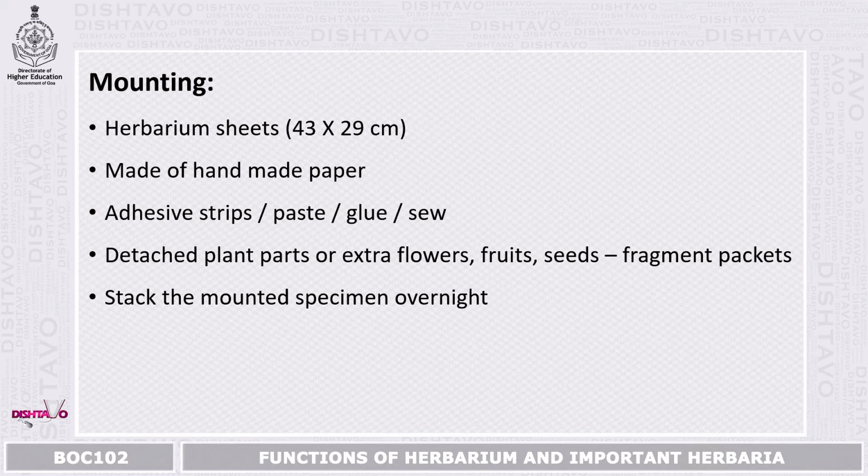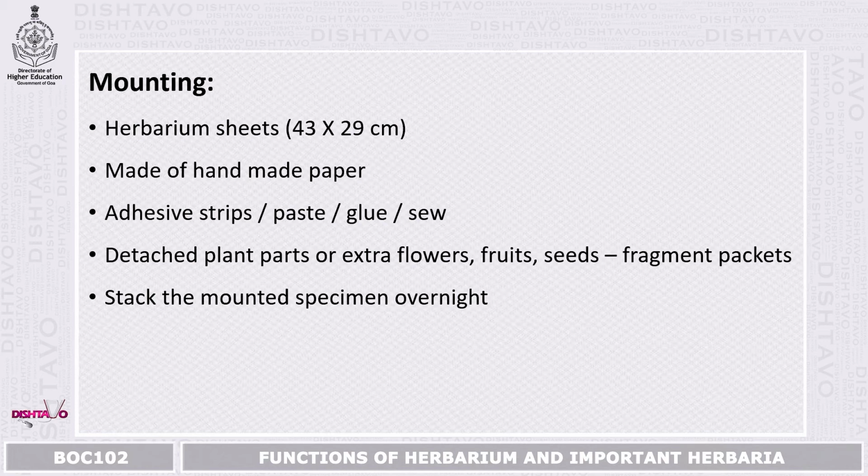Detached plant parts and extra flowers, fruits or seeds collected during the collection of plant material are placed in fragment packets, which will later be stuck onto the herbarium sheet.